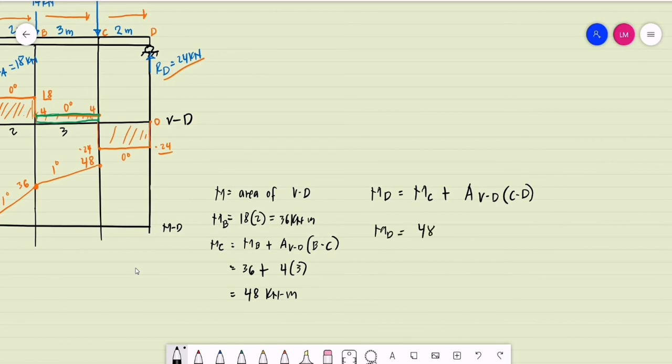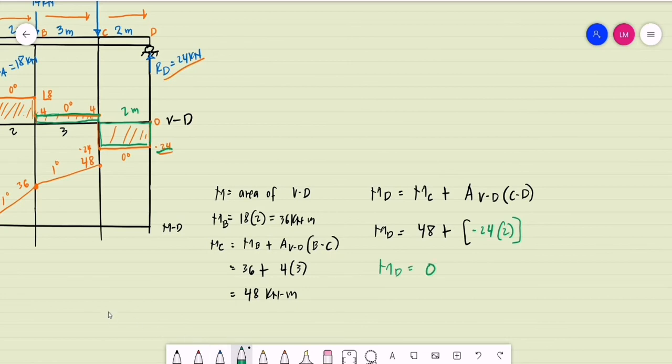That is 48 kilonewton meter plus what is our area for segment CD in the shear diagram? In the shear diagram, we have a rectangular area, but we have a negative ordinate, that is negative 24. This is negative 24 with a length of 2 meters. So negative 24 times 2 meters. And obviously, we have a moment at D now equal to 0.